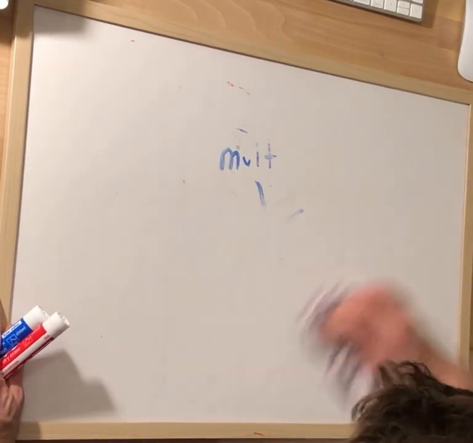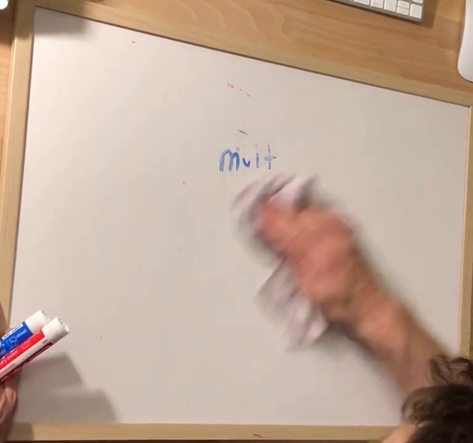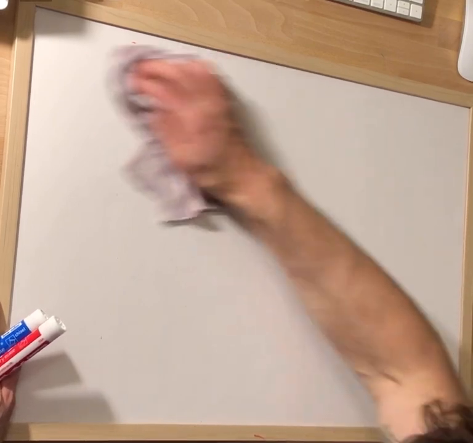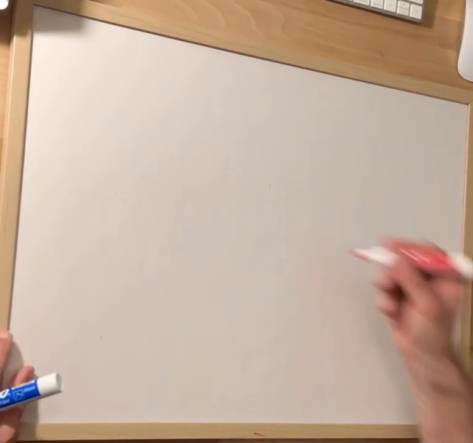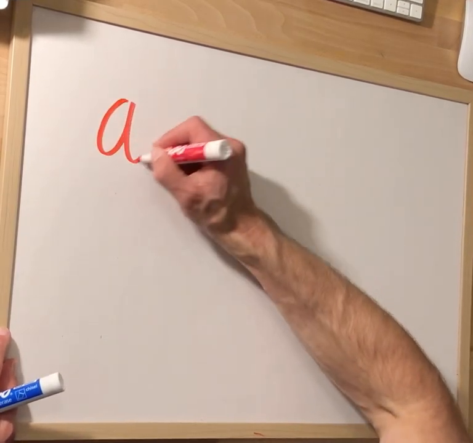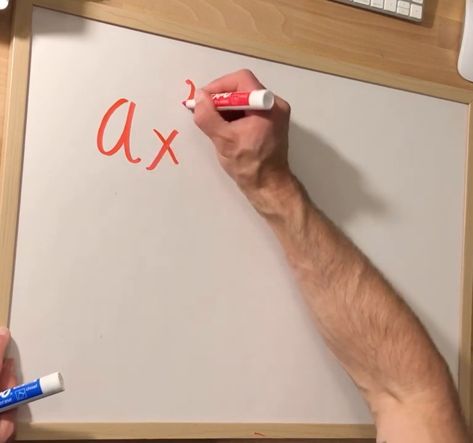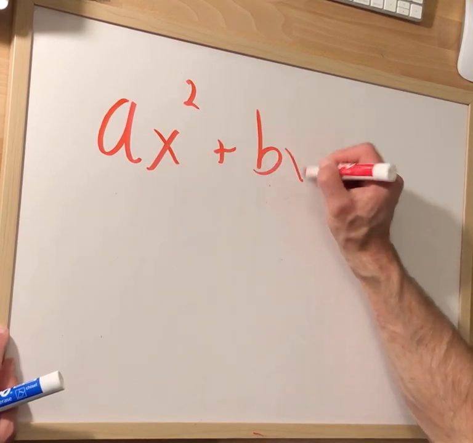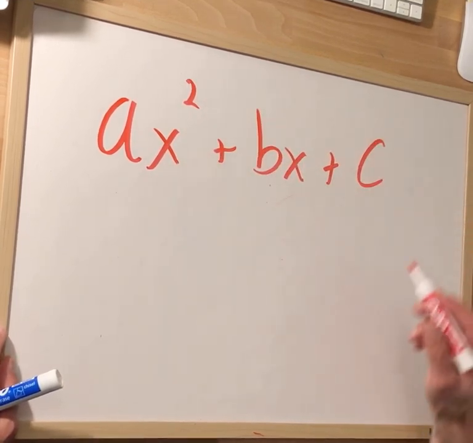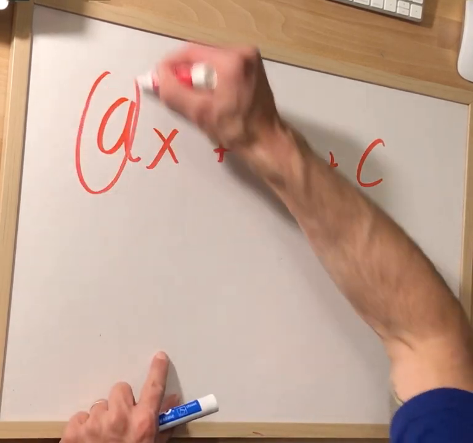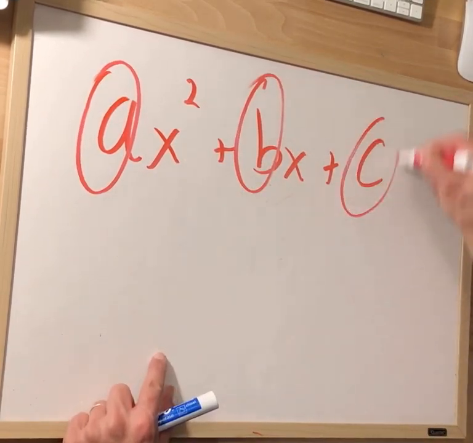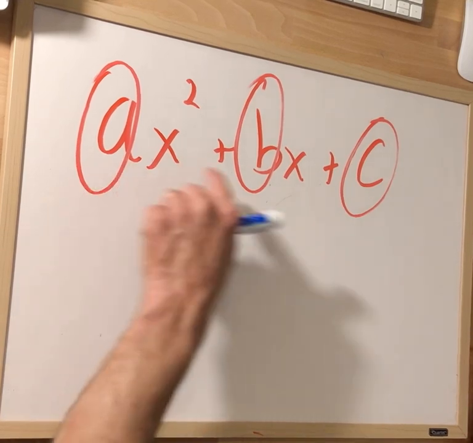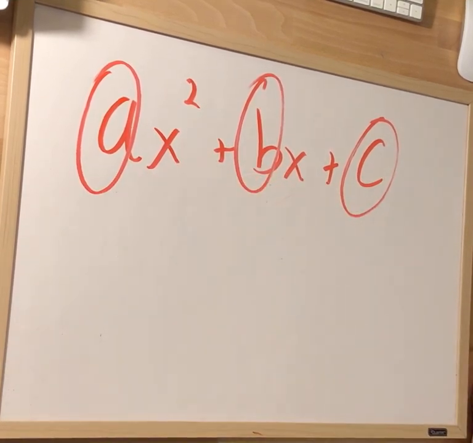But the next thing I have on your notes is something called standard form. Standard form of a quadratic, and you're going to see this a lot next semester. Standard form of a quadratic is written as ax squared plus bx plus c. The reason why I have a, b, and c highlighted is because these are coefficients, or in basic English, they're numbers.